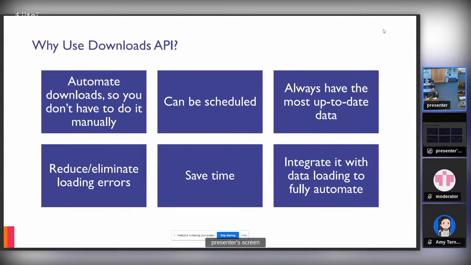It's time saving: you can set it up to run when everyone's asleep, so you're not taking time out of your regular operating system. And you can fully integrate it with your onward steps. Downloading can be automated, and then loading it into your own locally held databases can be made part of the same workflow.